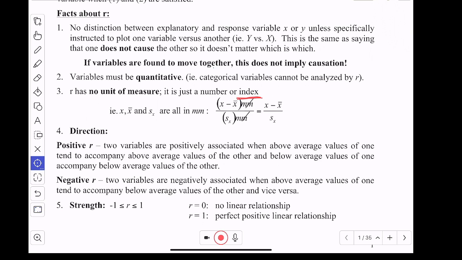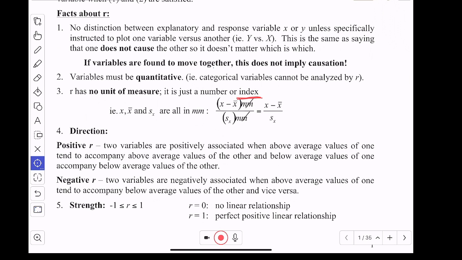The relationship is negative when above average values of one tend to accompany below average values of the other, and this is consistent in the other direction as well. Below average values of one accompany above average values of the other.